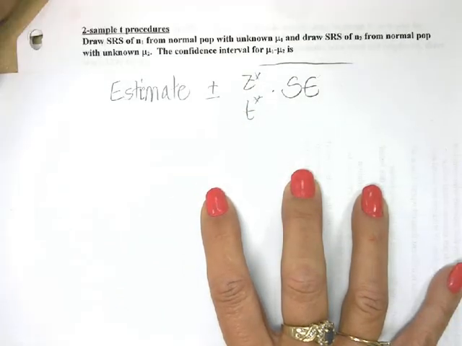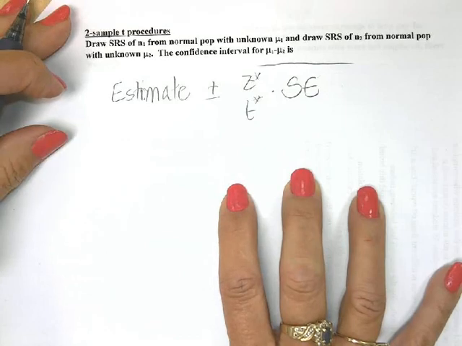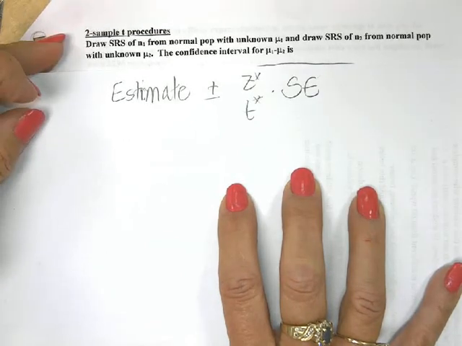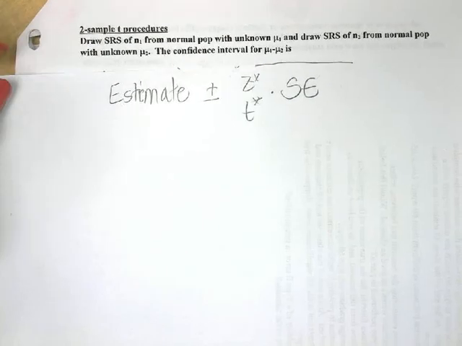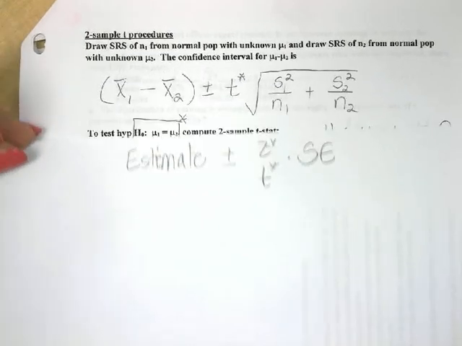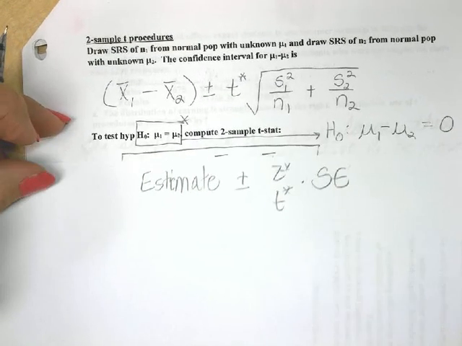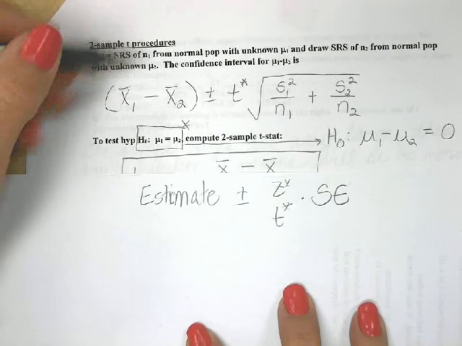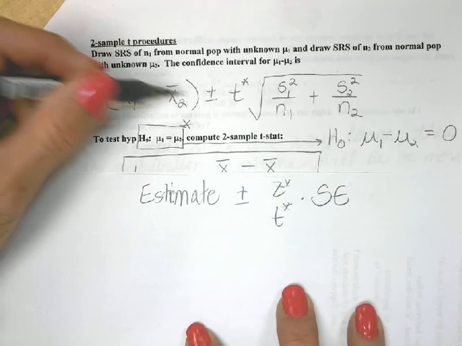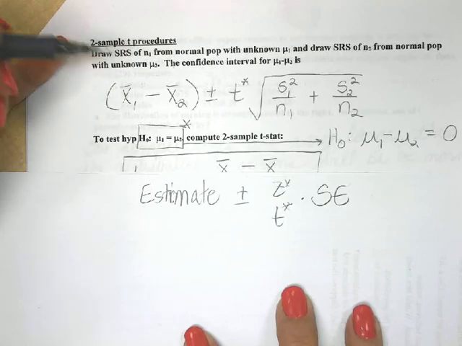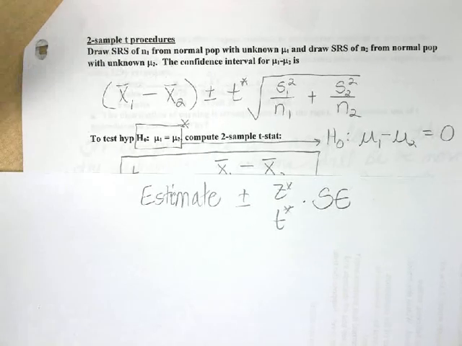They're always calculated the same way, regardless of whether we're in Chapter 10, Chapter 11, Chapter 12, Chapter 13, Chapter 14. And so if I'm trying to find a confidence interval for the difference between two means, I'm trying to find an interval estimate for what mu minus mu is.